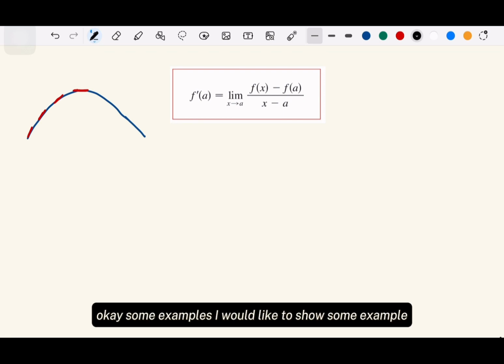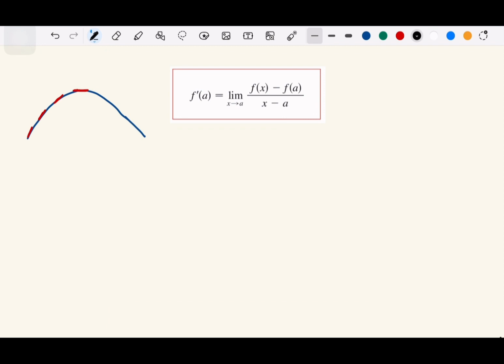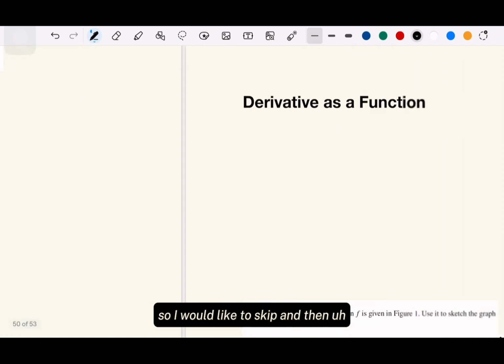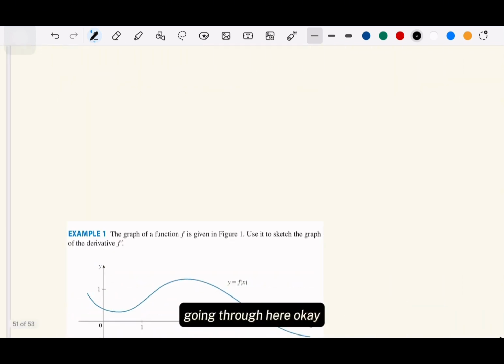Okay, some examples. I would like to show some examples, but I think the examples will be worth it if you are already familiar with some simple derivatives. So I would like to skip and go through here. Okay.